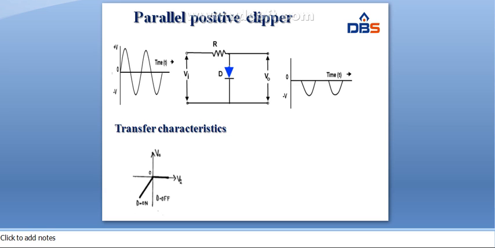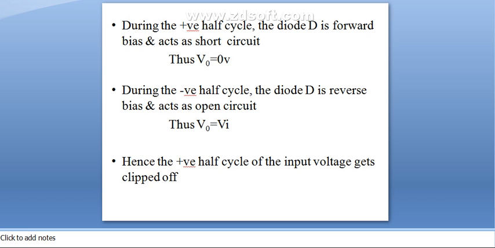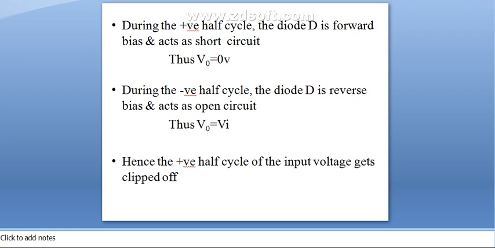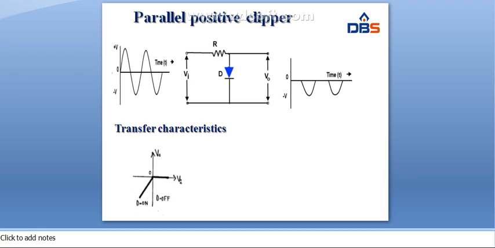In the parallel positive clipper, during the positive half cycle, the diode D is forward biased and it acts as a short circuit. If the diode acts as a short circuit, then there is no output.